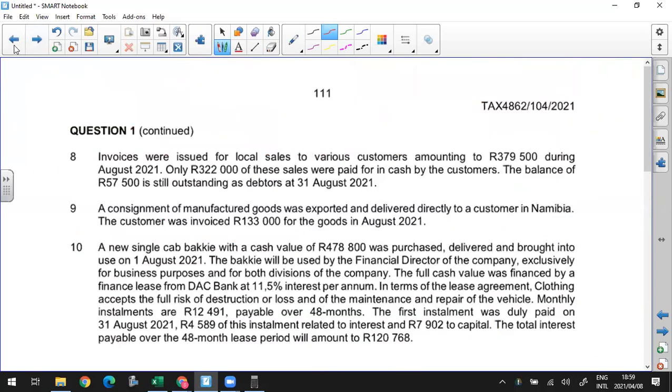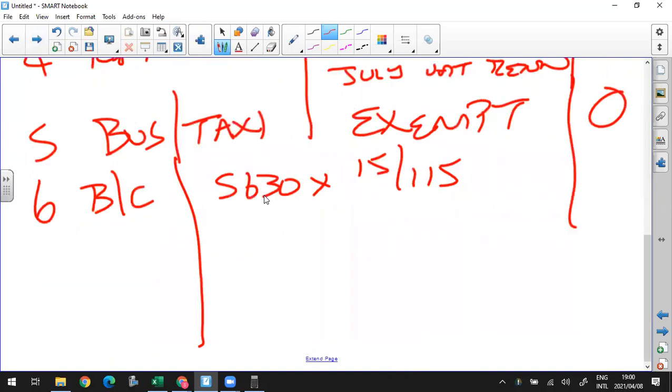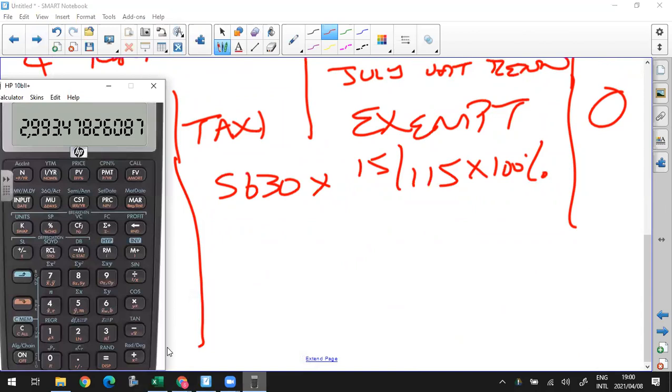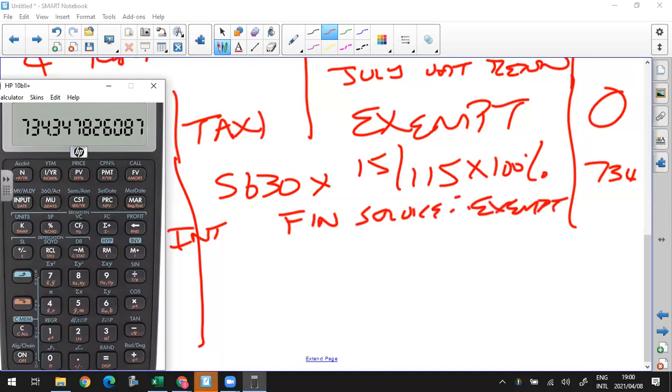So you just need to read carefully. This would be times 100% because it's only for the manufacturing division. 5,630 times 15 divided by 115 gives you 734 Rand. And then interest, financial service, therefore exempt, with a dash.